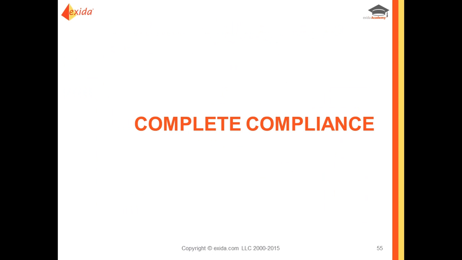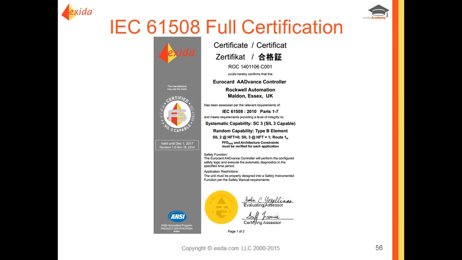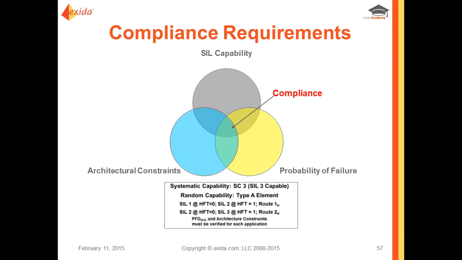So for complete compliance, once again, here is the certificate that we looked at earlier. As you can see, now that you know a little bit more, we're going to break this apart. In the white section in the middle, you see systematic capability, SIL 3 capable. So you know their quality procedures met a SIL 3 level.